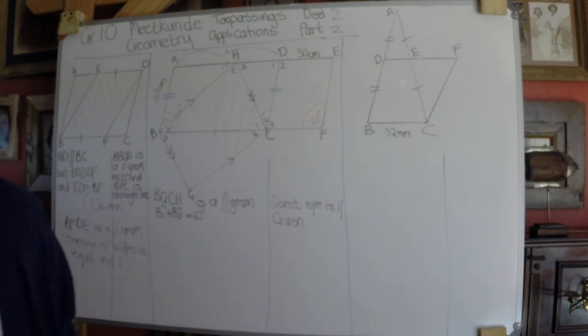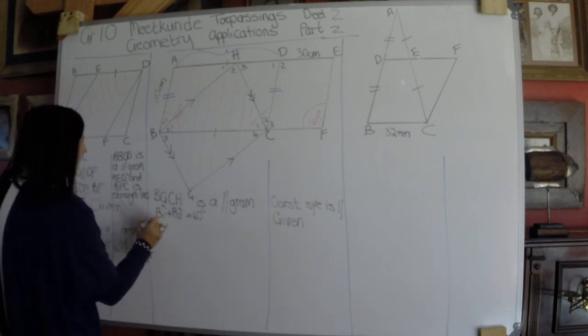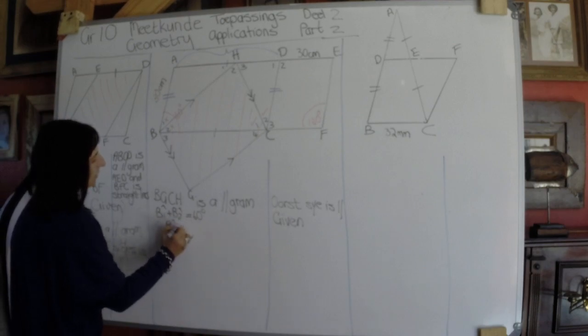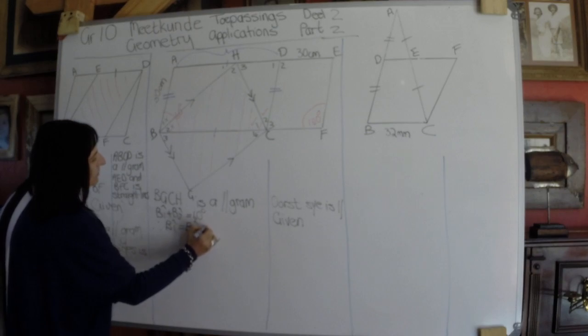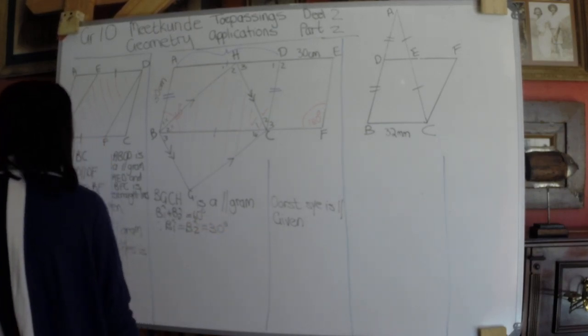That's been given. So, therefore, we know that B1 equals B2 equals 30 degrees. Okay.